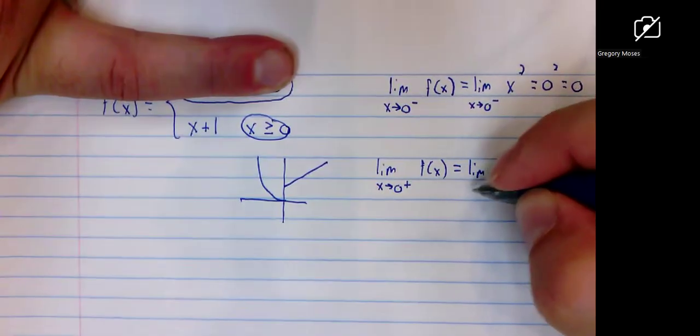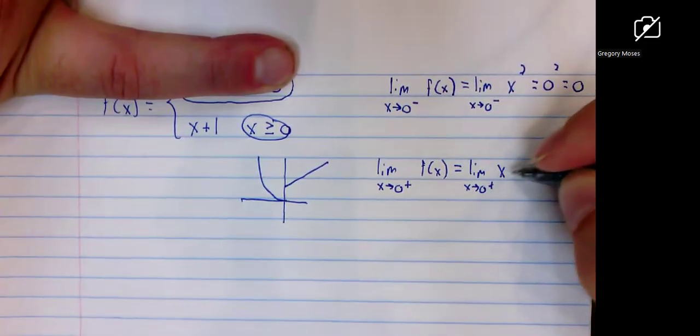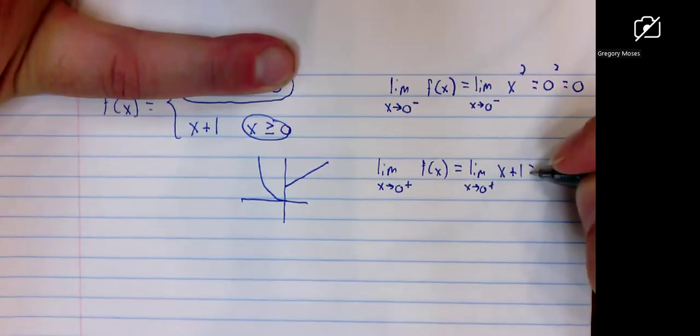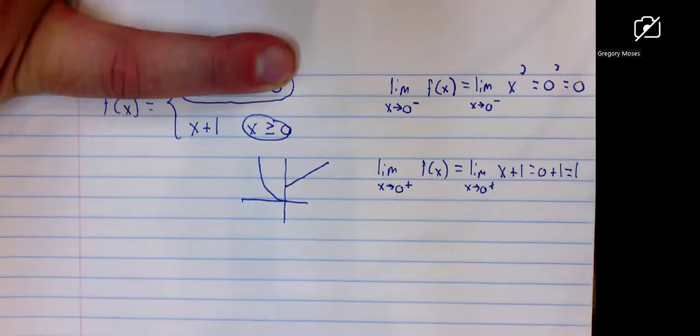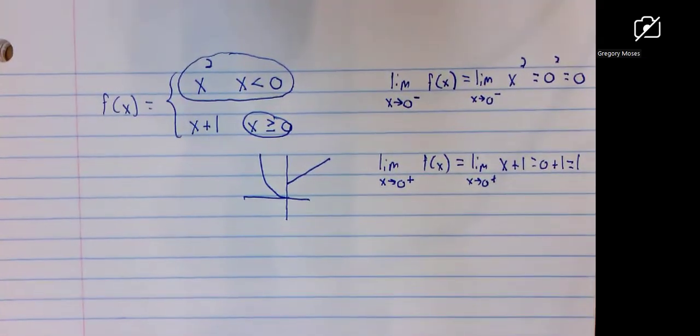So we're taking the limit as x approaches 0 from the right of x plus 1, 0 plus 1 equals 1. We observe that the left and the right hand limits are different.